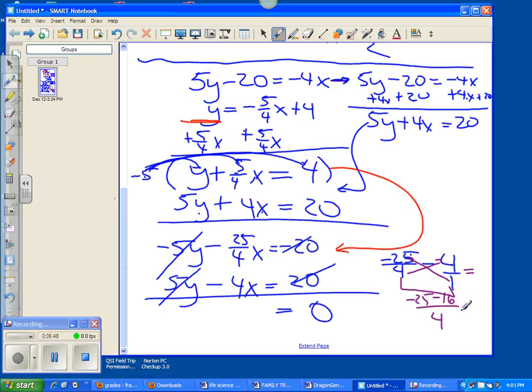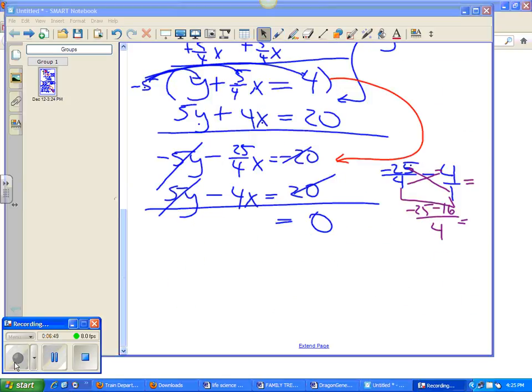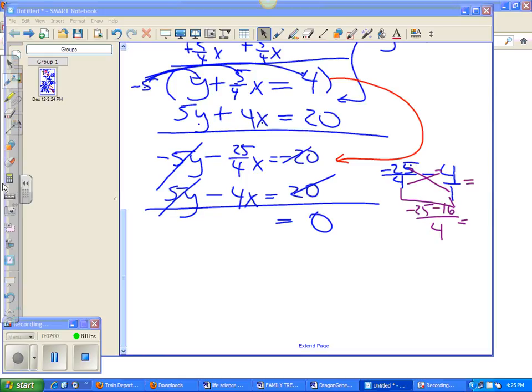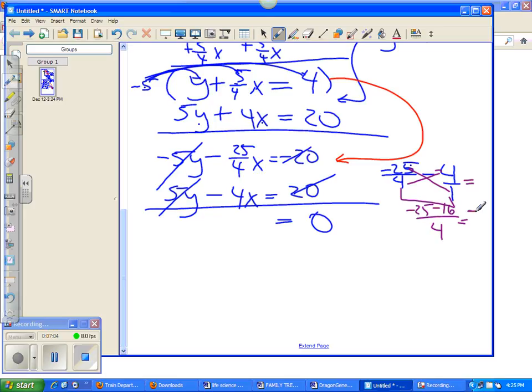Here's a little Korean math here on the side, and that gives me 25 plus a negative 16, which gives me a negative 41 over 4, and I know you guys are thinking, holy smokes, that is really ugly, negative 41 over 4 x.